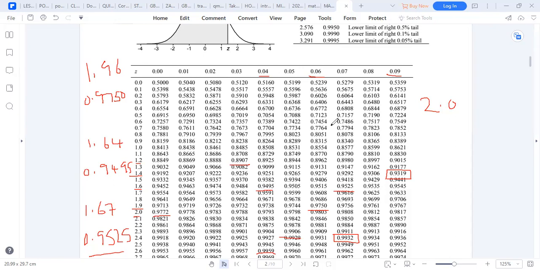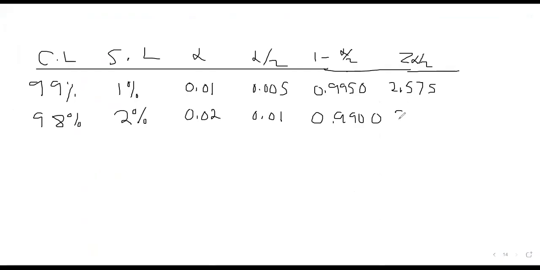Yes, 2.33. Look, so 2.33. The closest to 0.990 is 2.33. All right, this is where the 2.33 is coming from.